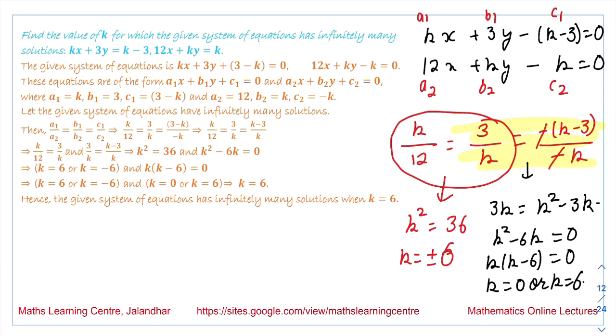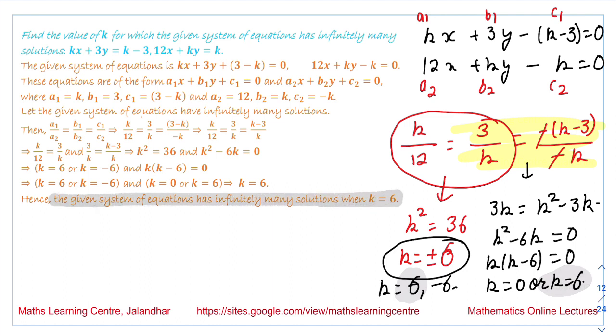So what is the common value of k that is satisfied? From the first we have k is equal to plus 6 and minus 6. So the common value we have over here is 6. So we are saying the given system of equations has infinitely many solutions when k is equal to 6.